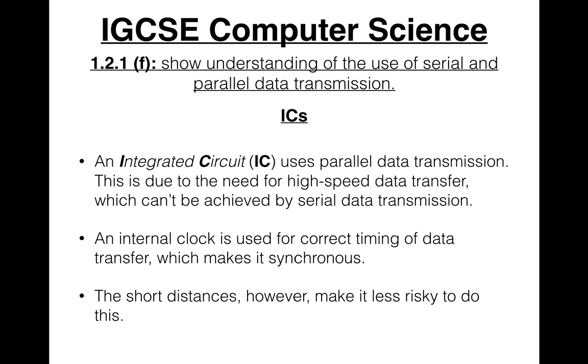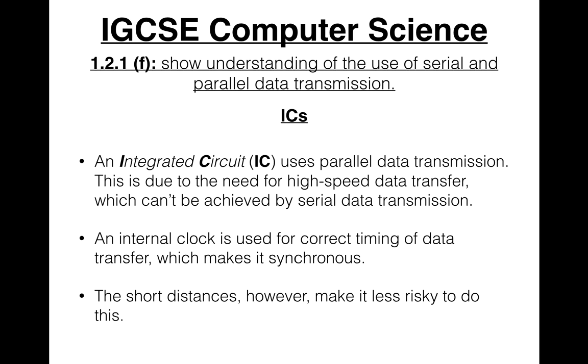Now, this leads on to what we learned about the disadvantages of using parallel and synchronized data transmission: the timing, and the bits becoming skewed, unsynchronized. With such a short distance, this doesn't really pose a problem.